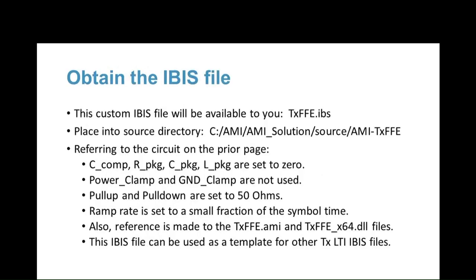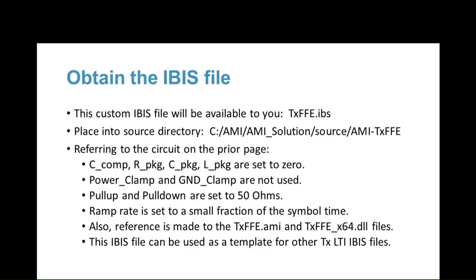So I'll be providing a custom IBIS file, the transmit IBIS buffer file, for you, and you would place it in this TXFFE directory. For simplification, I just set these circuit elements to these values.